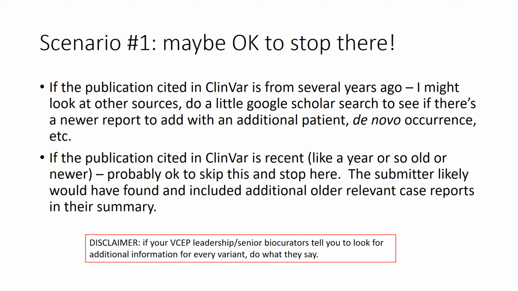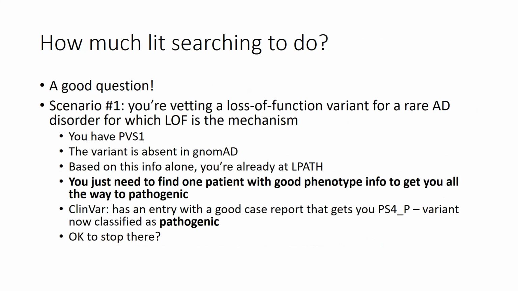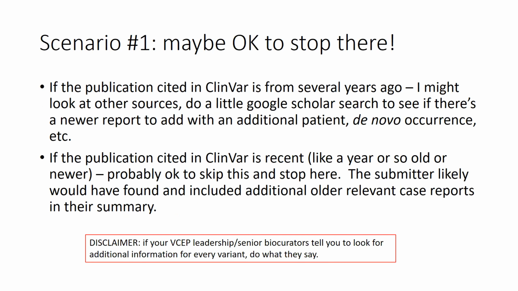And if you do find new information, based on the evidence you already have to date, a rare, absent variant in gnomAD that's loss of function in the gene where all of this makes sense, it's unlikely you're going to find any new information that makes you walk that classification back anyways.